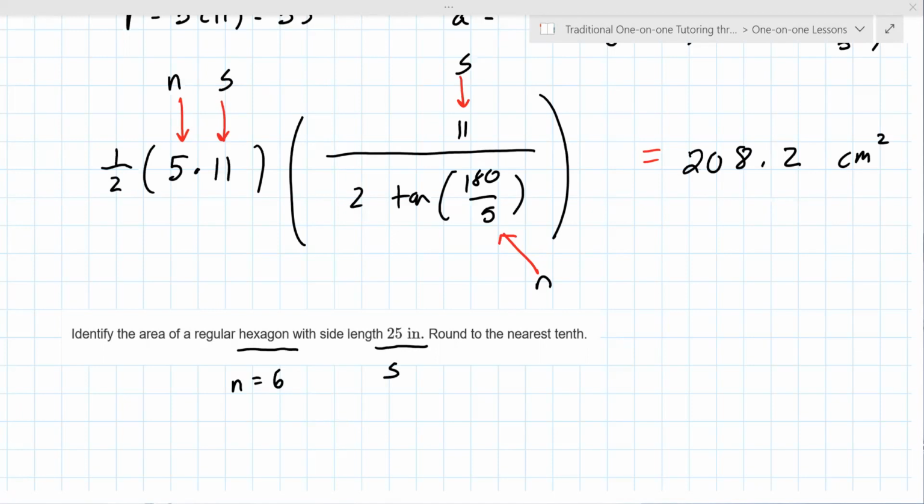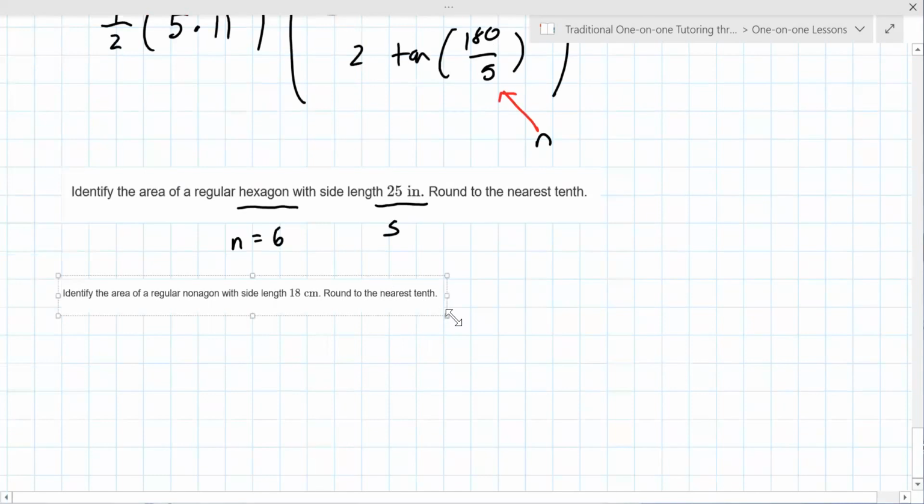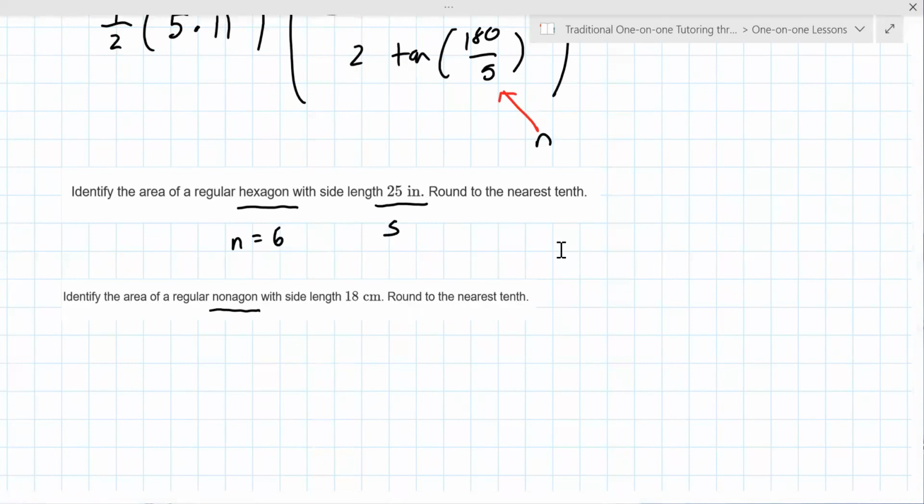Now, the next one, it's the same thing, but now it's a nonagon. How many sides is a nonagon? If you don't know, go out and look on the internet and just double check, because this is well-known information. 9 sides.